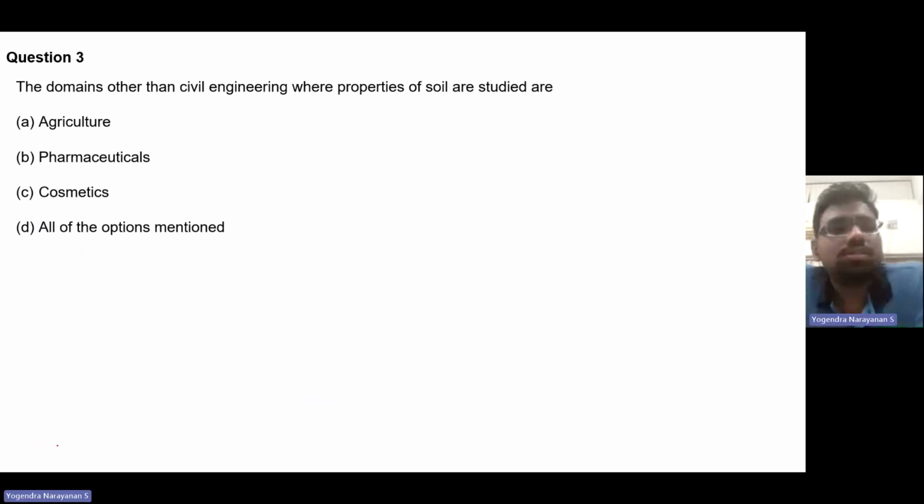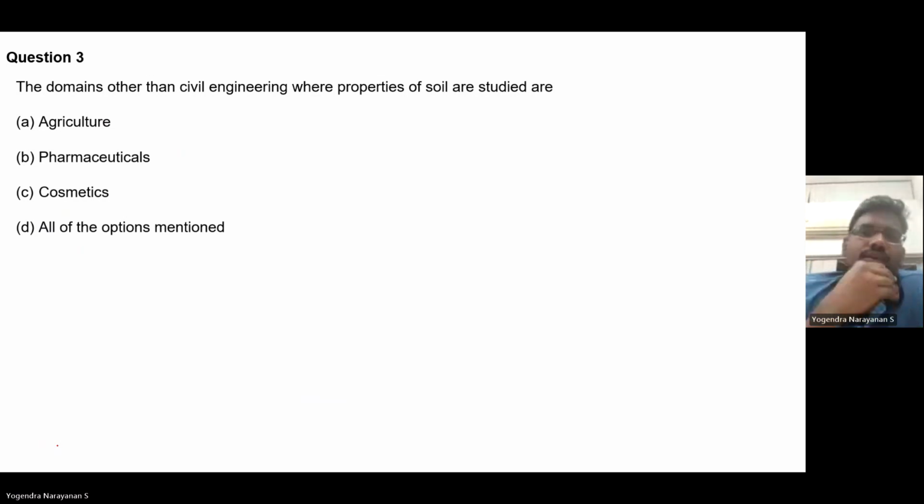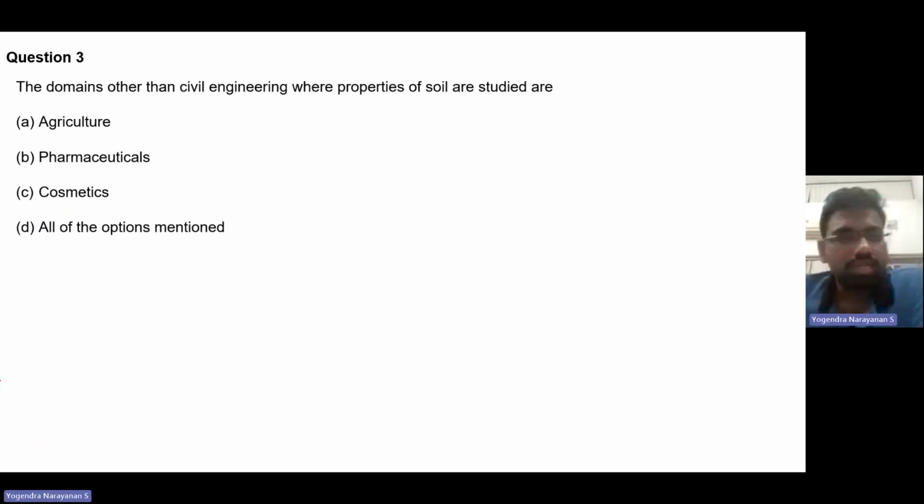Let me repeat the question. The domains other than civil engineering where properties of soils are studied are agriculture, pharmaceuticals, cosmetics, all of the options mentioned. As we discussed earlier, agricultural aspects involve mineralogy.